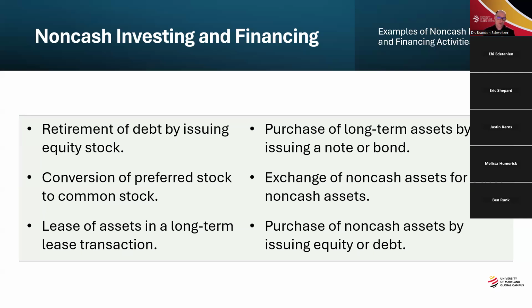So these are the types of transactions that you will commonly see that technically do not involve cash, but would be listed as notes to the statement of cash flows for both investing and financing activities.